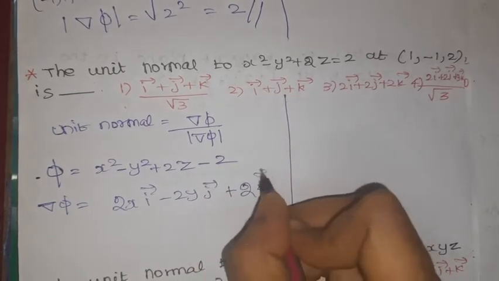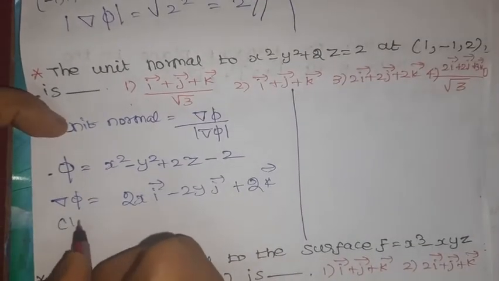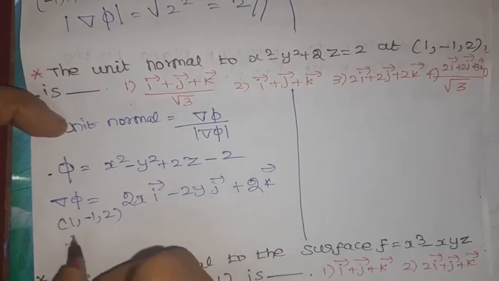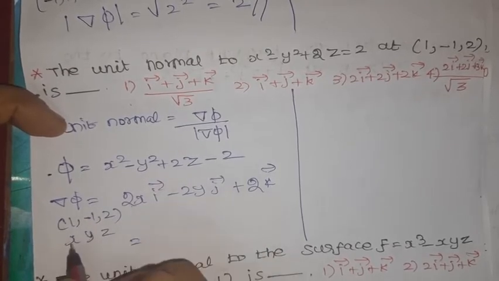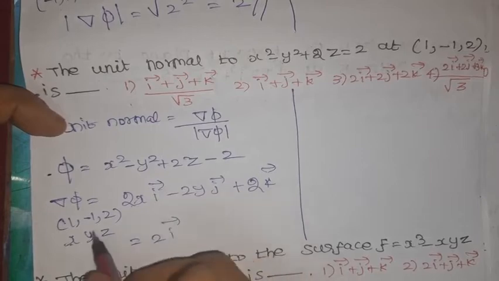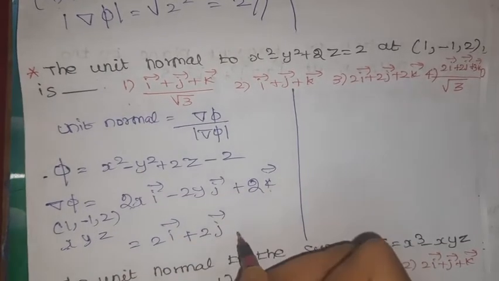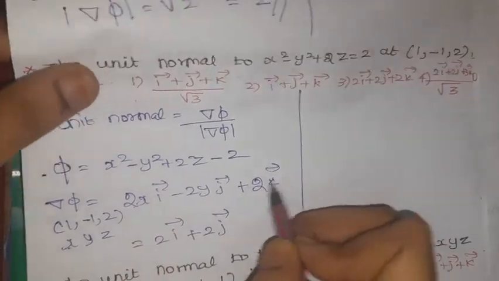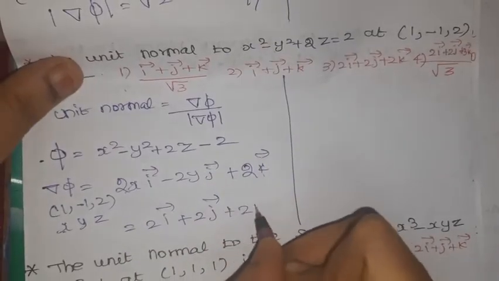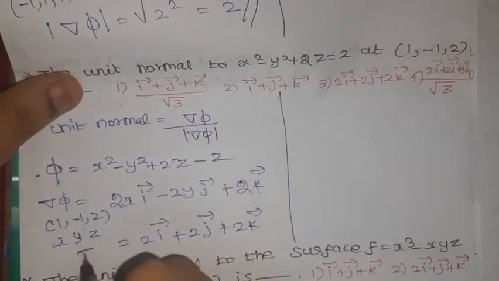Simply 2k. Then substitute this point in place of x, y, z. So 2 into 1, 2i, minus into minus plus 2j, plus here there is no z term. So simply 2k. So this is del phi.